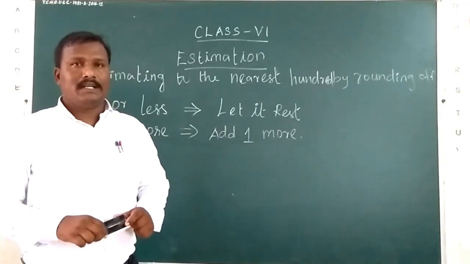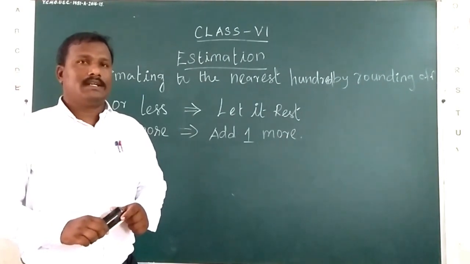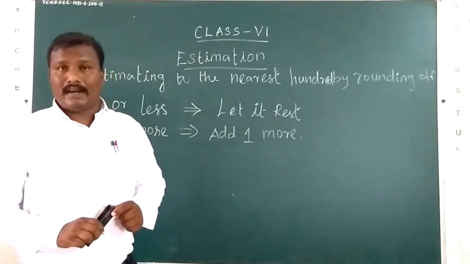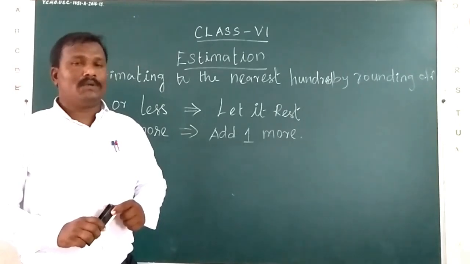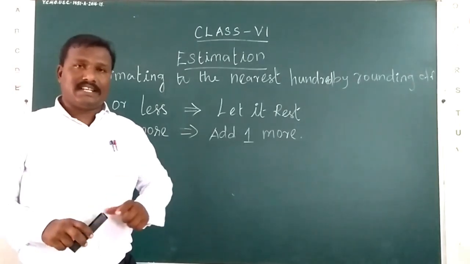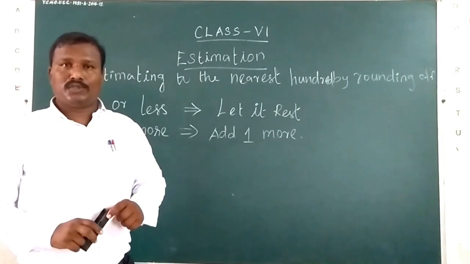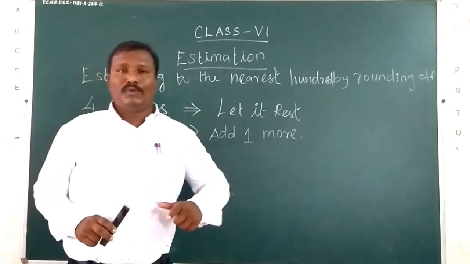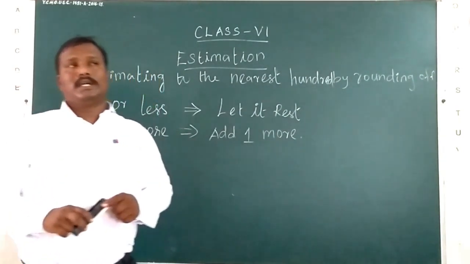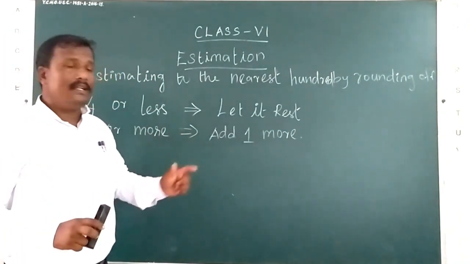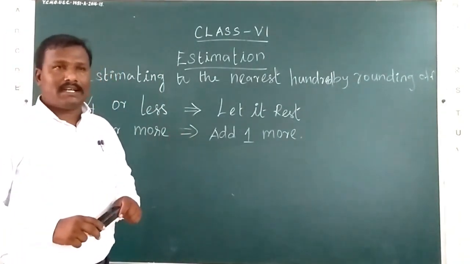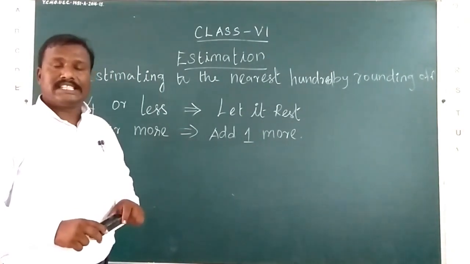Okay, students. Let me discuss rounding to the nearest 100. Last video we talked about how to round off to the nearest tens. I told you two rules. The same rules we are going to use here also. When you round off to the nearest 100, we require 3 digits, or 4, 5, 6 digits.